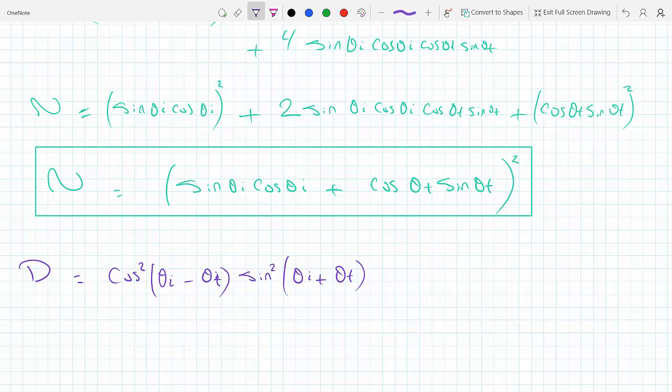Okay, so we're gonna try to prove that this is the same, and I could take this squared and make the whole thing squared.